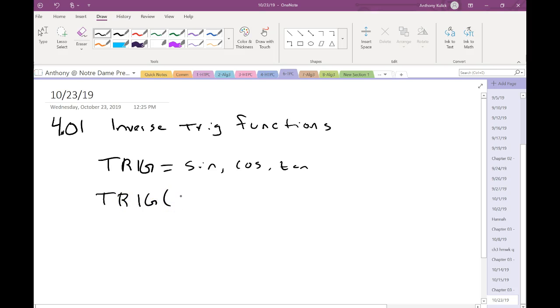I do trig of an angle, and I get back a ratio of side lengths of a right triangle. Or as we discussed in a previous chapter, it could also be related to the position of the terminal side of an angle on the unit circle.